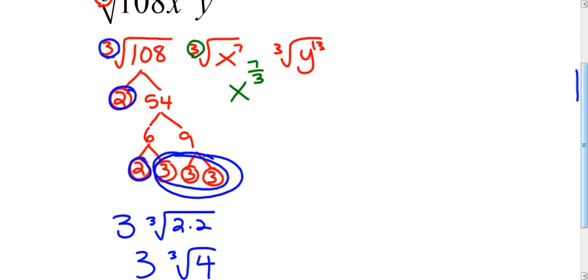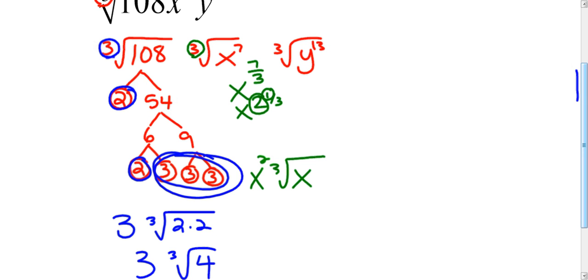I'll rewrite it like that, which of course becomes x to the 2 and 1/3. Okay, this is still your outside exponent. This is still your inside exponent. It's just that now we have a cube root here instead of a square root. But I have an x squared on the outside and I have x to the 1 on the inside.